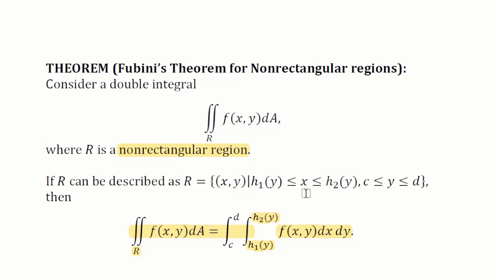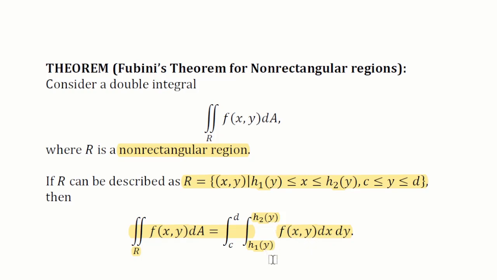Similar to the earlier case, the generality here is that for the variable that changes from one general expression to another, we have to integrate with respect to that first, according to Fubini's theorem.